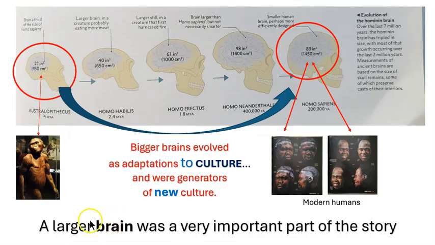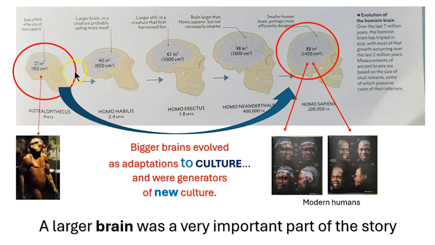So, of course, in the evolution of the human species, a larger brain was a very, very important part of our story. But the way modern scientists look at that expansion of the cerebral cortex here is that bigger brains evolved as adaptations to culture. And, of course, we're also generators of new culture.